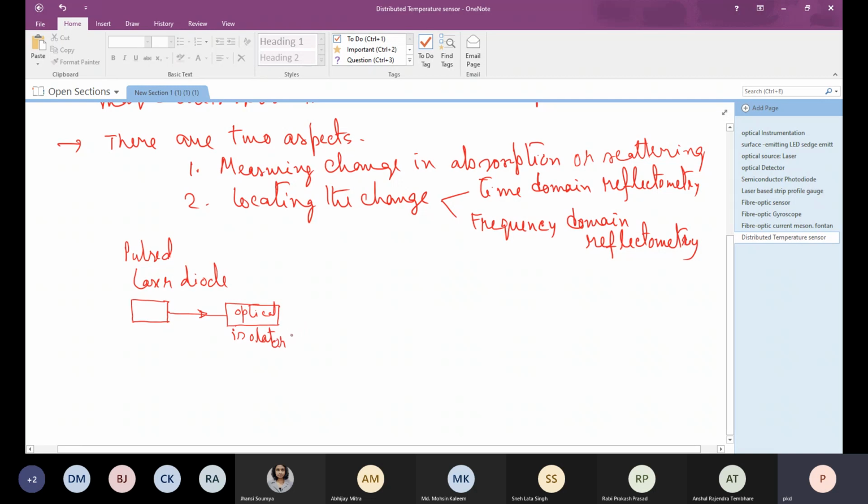This is an optical isolator. So optical isolator means this will block the light which will be coming in the return path. So if there is some backscatter component which may come here, at that place it will block.